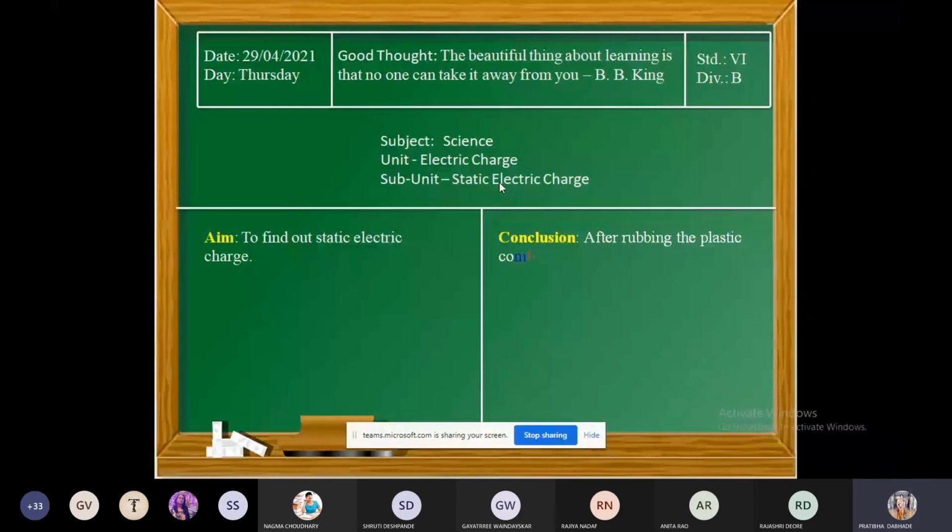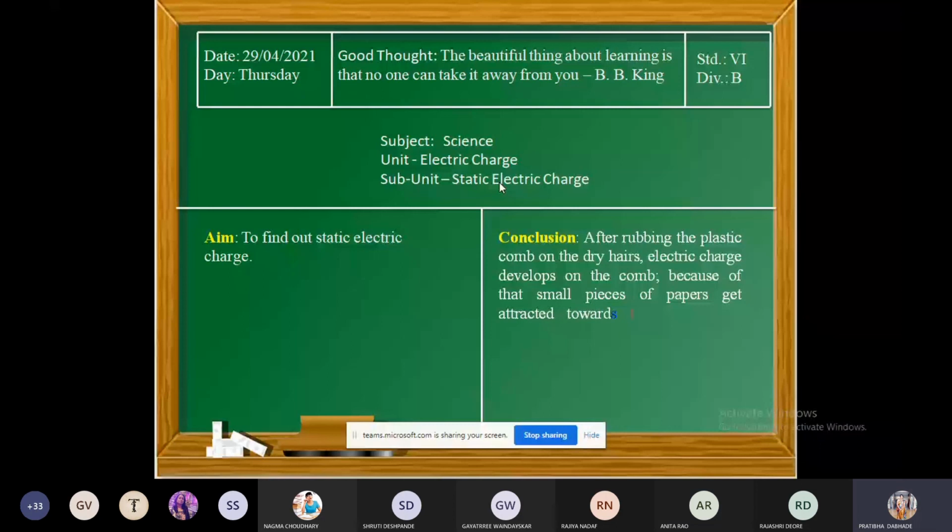Electric charge develops on the comb, and because of that, small pieces of paper get attracted towards the plastic comb, and this charge is nothing but the static electric charge. Clear about this? What do we call this charge? Static electric charge. So this was all about today's experiment.